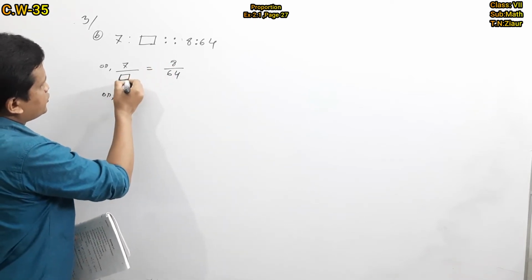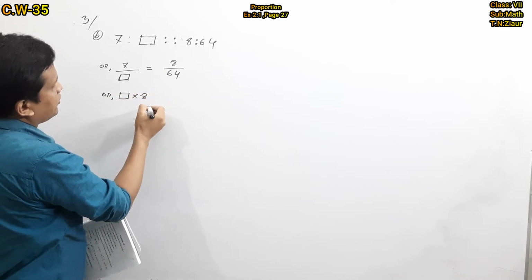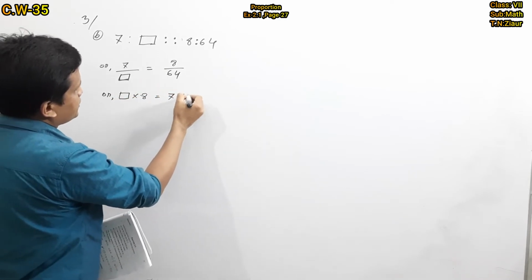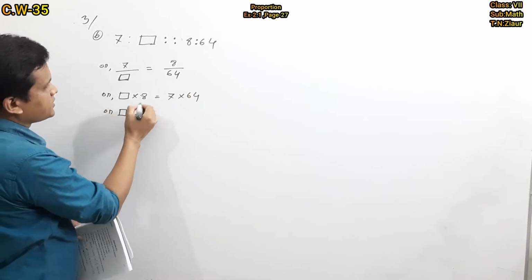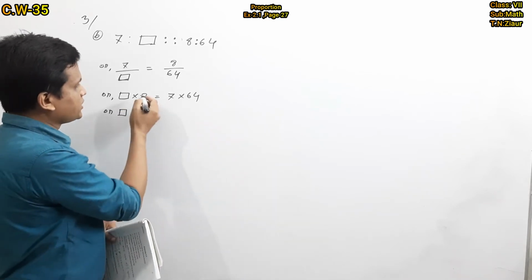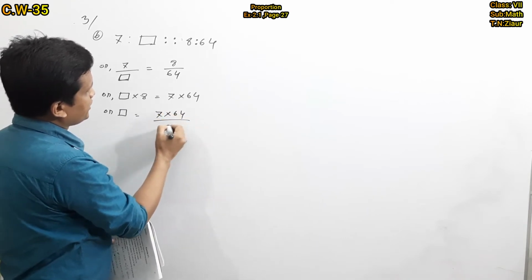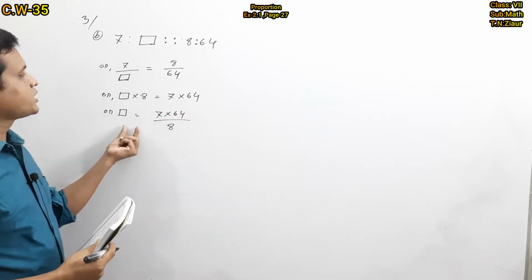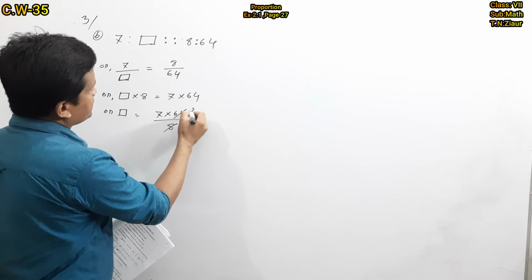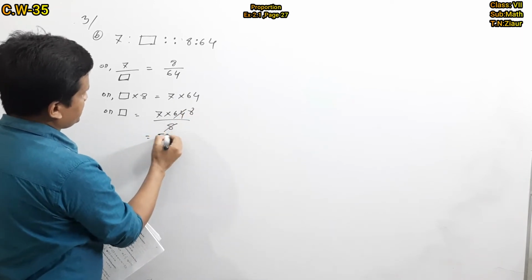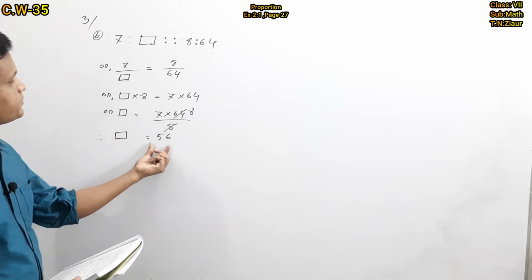So this box, that means gap, into 8, equals 7 into 64. We are finding this, so we keep it on this side, and this 8 we take to the right side. If it is multiplication we have to divide, so 7 into 64 divided by 8, or divided by 8 on both sides. 8 8 are 64, so 7 8 are 56. Therefore this one is 56.